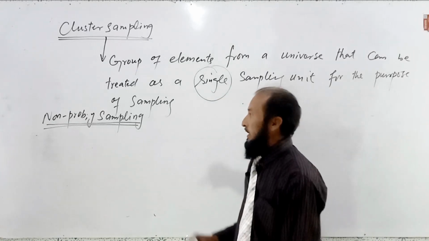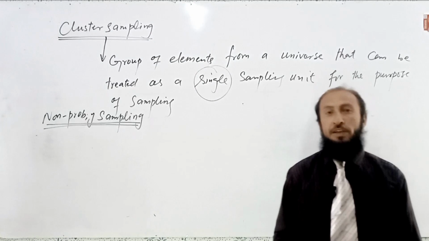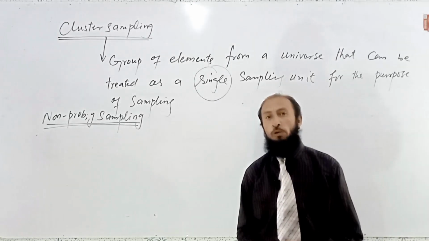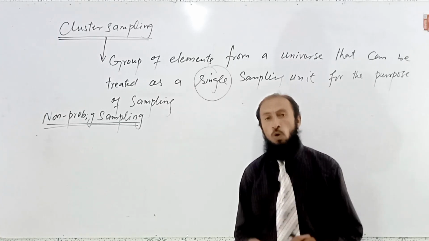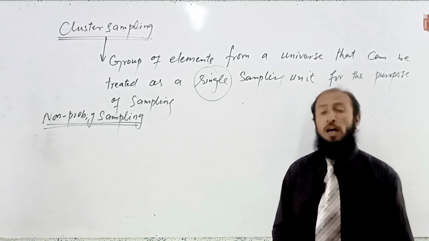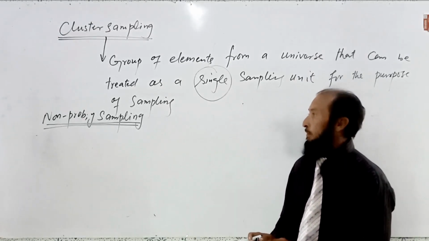In non-probability sampling, the population units are selected by personal judgment. It means that the interviewer or surveyor has their own task, so they use their own idea and concept.